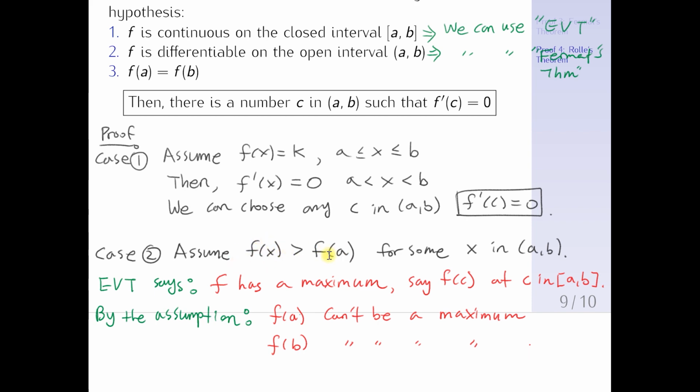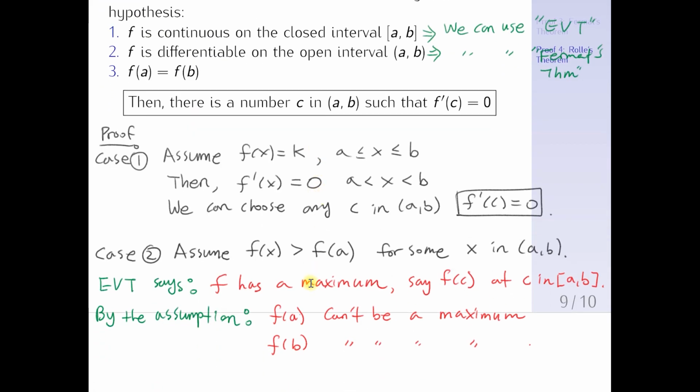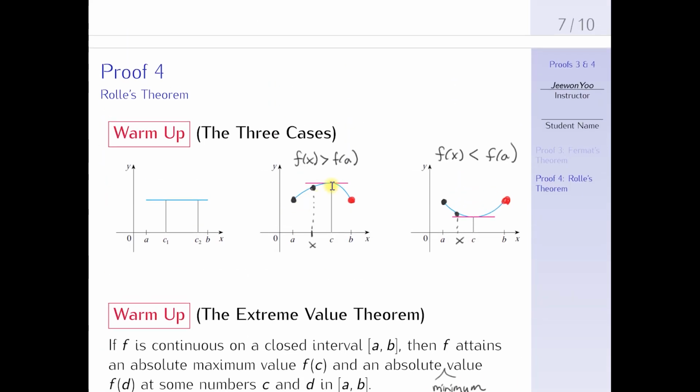Some y value is higher than f of b, like this picture here. Y value f of a, f of b is lower than this y value. That's why these two values cannot be a maximum. So this maximum value f of c is located at c in between open interval a to b. For example, this maximum here happens at c in between open interval a and b.